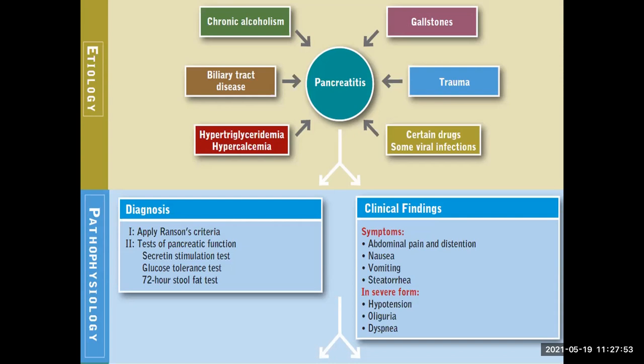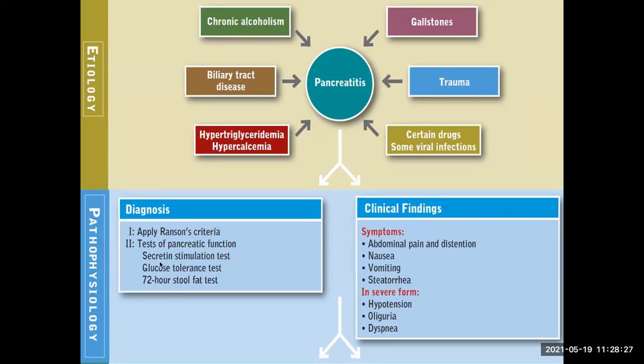Pathophysiology is basically disordered physiological processes associated with the disease or injury. So in pathophysiology, two things are important. First one is diagnosis. In case of diagnosis, we use Ranson's criteria, and we also have certain tests which are helpful to understand the pancreatic functions.